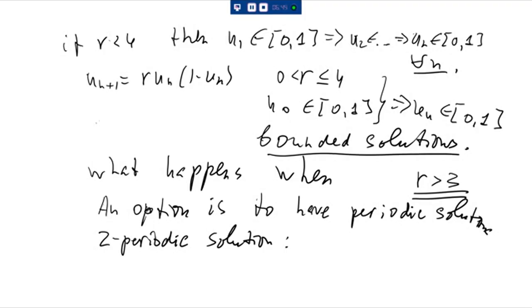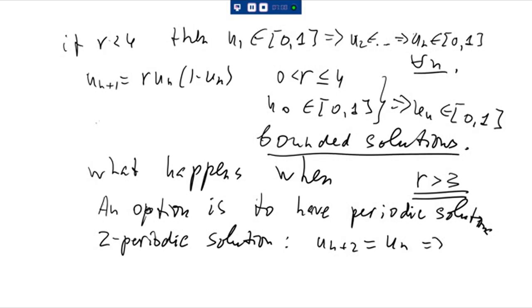In a two periodic solution, every second value in the sequence of un is equal to each other. This means that un plus 2 equals un.